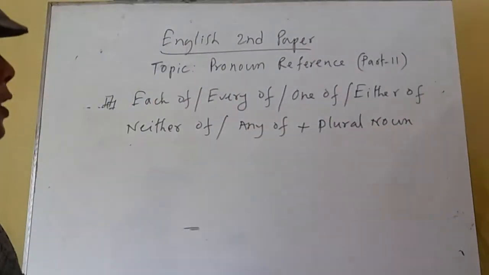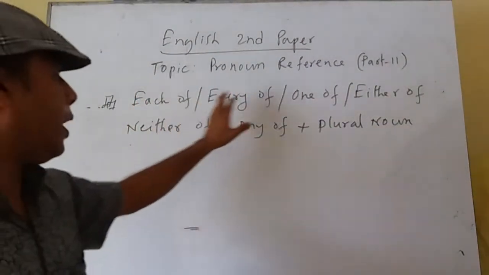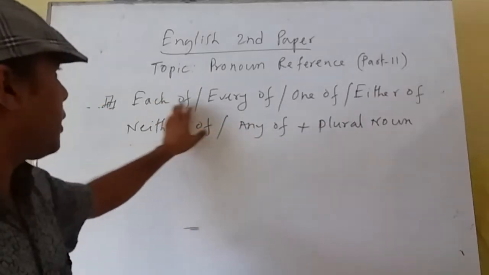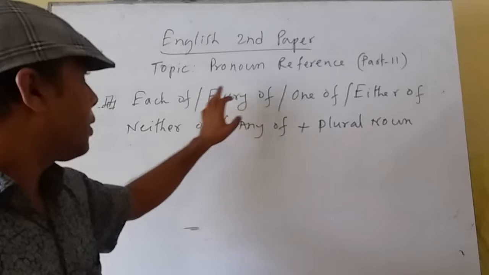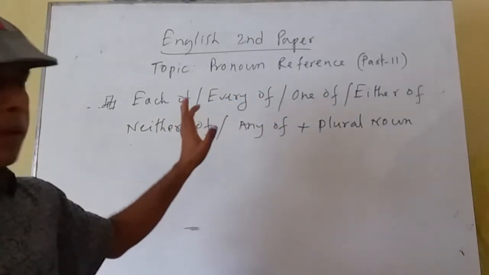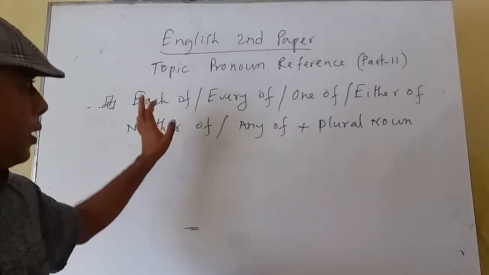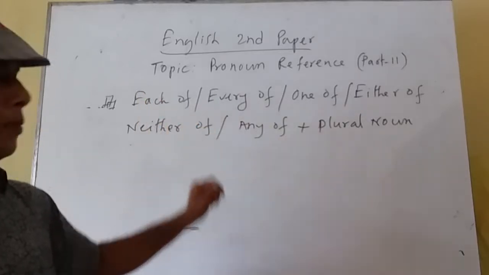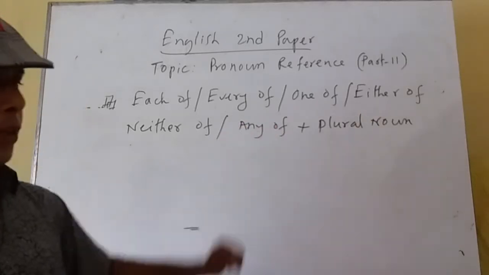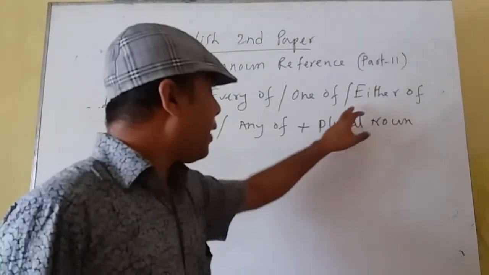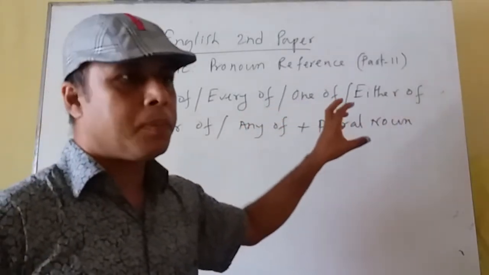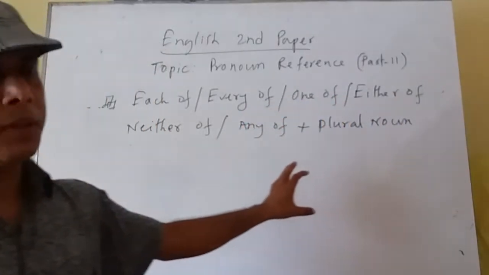If these are used as subject, these are the pronouns each, every, one, either, neither, any. Some are distributive and some are indefinite. After these, the noun after the preposition will always be plural.